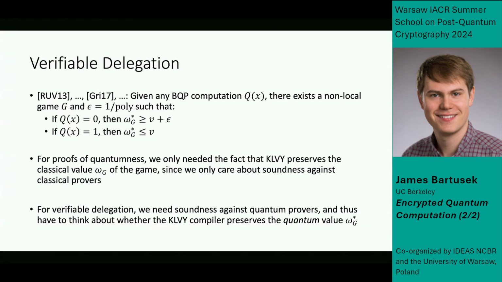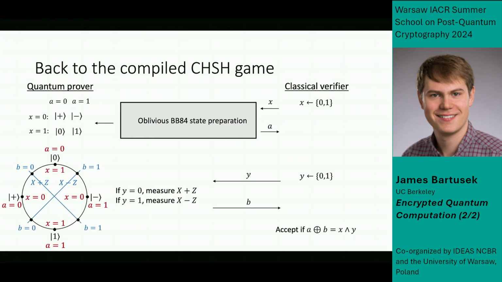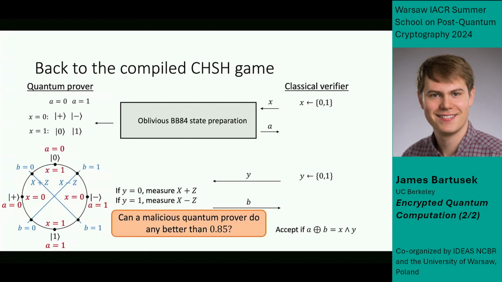So we have to reason about whether this KLVY compiler preserves even the quantum value, the quantum optimal value of the game. Okay, and so this is something different. So if we return to the compiled CHSH game, for instance, this question boils down to, which we haven't answered yet: in this compiled setting, can any malicious quantum prover do better than the non-local value of 0.85?